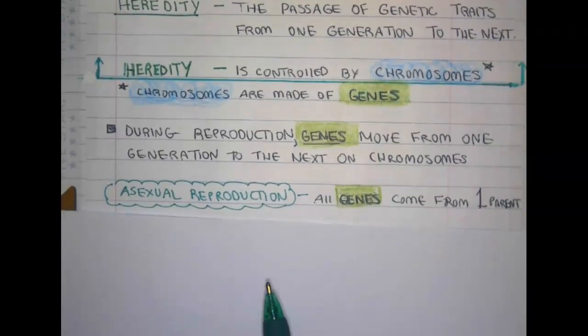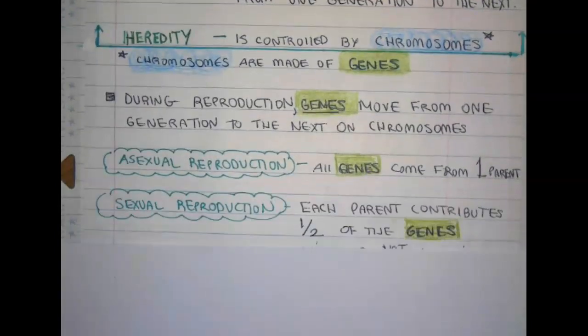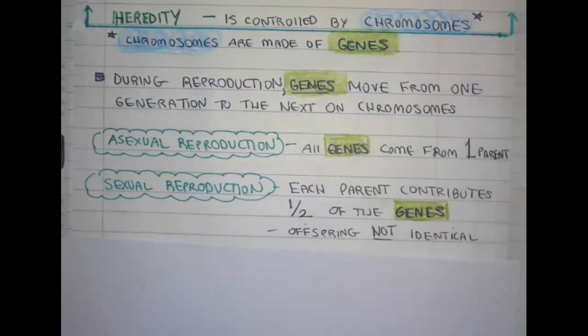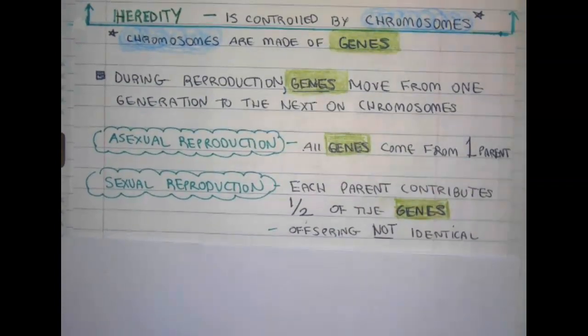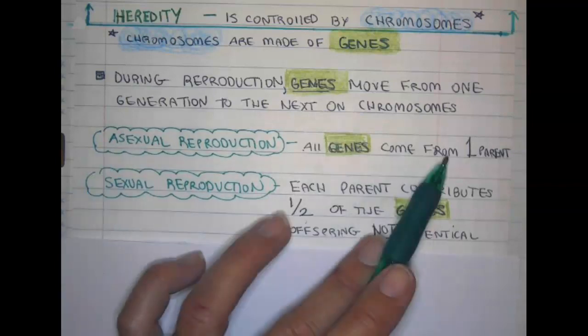So we're going to go over now, just to refer back, our two types of reproduction, which we've gone over for several weeks now, asexual and sexual. This should not be new to you, but asexual comes from one parent.